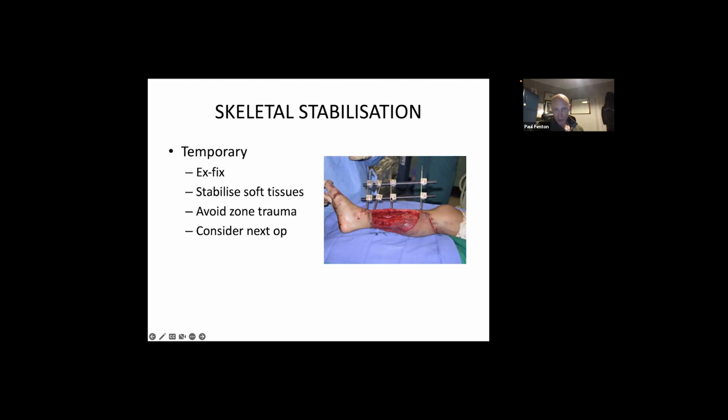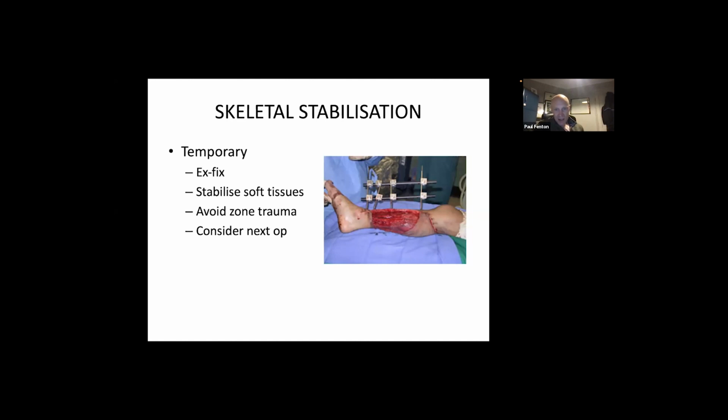We can debate the merits of that configuration, but essentially the X-fix is pretty straightforward to put on. It gives you sufficient stability for the patient to be nursed and managed between trips to theatre. The key thing is that by stabilizing the bone, you also stabilize the soft tissues, which reduces the bleeding and inflammation and allows the limb to settle so that you can then come back and do the definitive reconstruction.